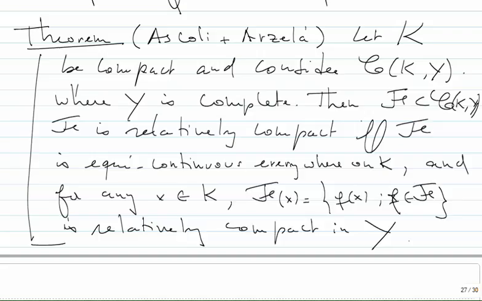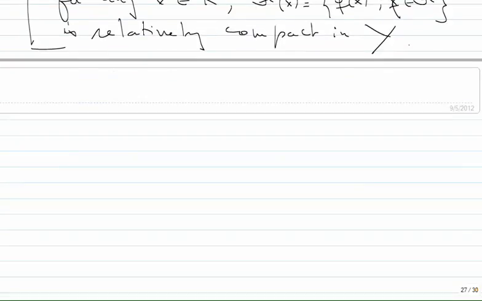This is how you can take it from pointwise to the uniform behavior. So let us give the proof. Interesting proof, very rich.